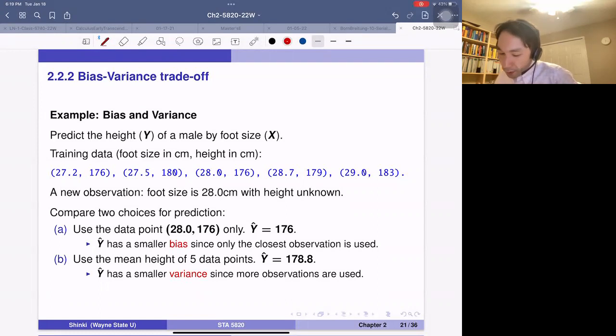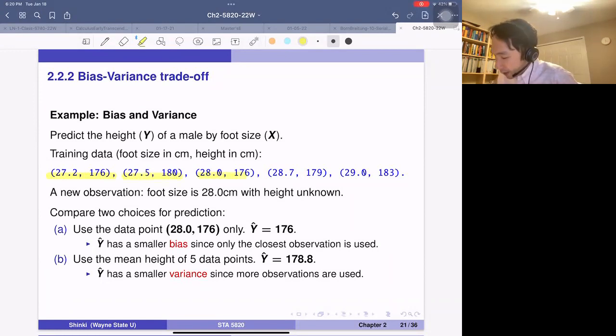So suppose that we want to predict the height of a male from his foot size. That is a reasonable model. We have training data. Possibly we have larger data, but maybe the most relevant observations are these 5. The first male has a foot size of 27.2 centimeters and his height is 176.